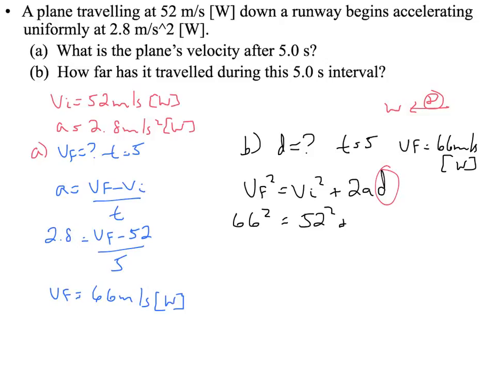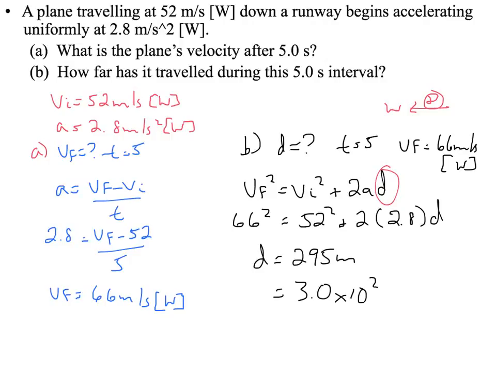We'll square that. 2 times our acceleration we know is 2.8, and of course we are looking for D. We do some rearranging, and we get D equal to 295 meters. We need 2 sig digs, therefore 3.0 times 10 to the 2 meters. And since we're talking about displacement, we say west.